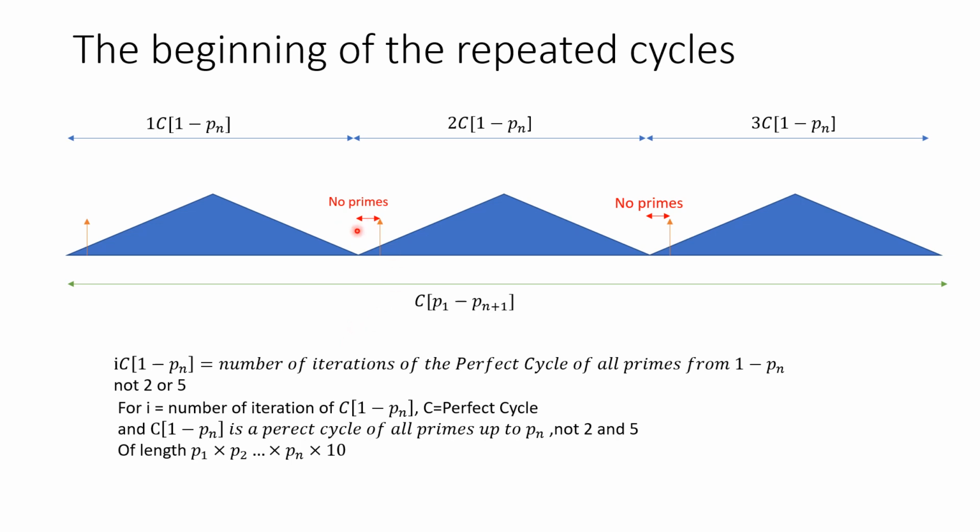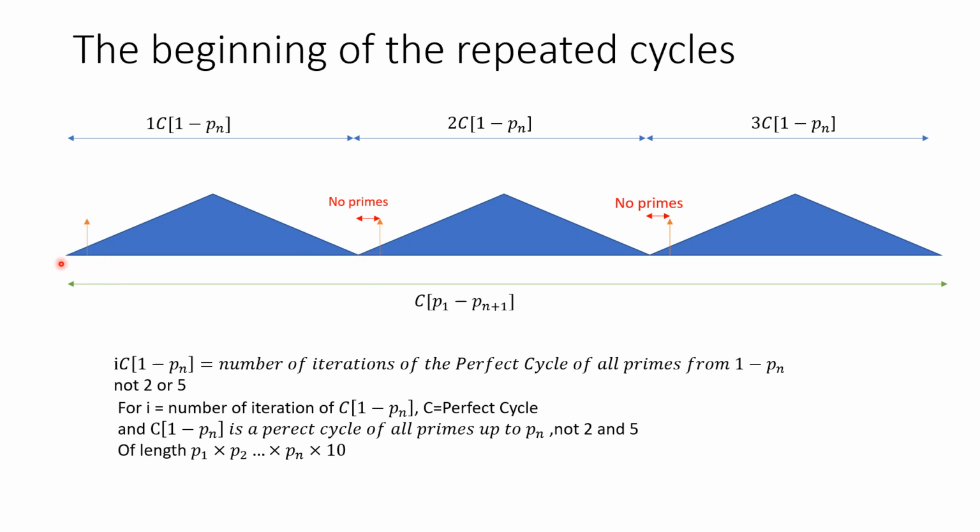There will be no primes in the portion of primes of the cycle. In every iteration, they won't be primes. For example, if you have 3, 7, 11, 13, and 17 merged in a cycle, you know that in the next iterations, from the 17, there won't be primes in each iteration.